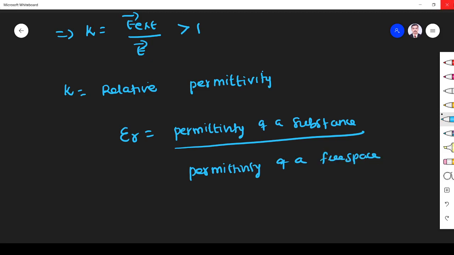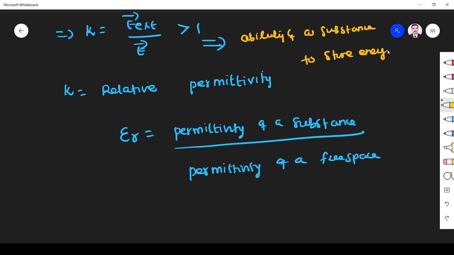This is generally the mathematical form. Logically, what is the meaning? The dielectric constant is simply the ability of a substance to store electrical energy in an electric field. That's what our K implies.